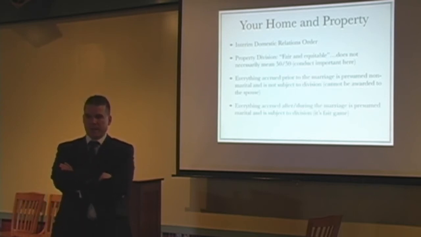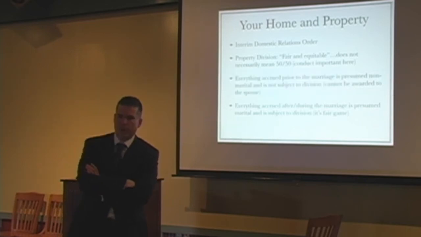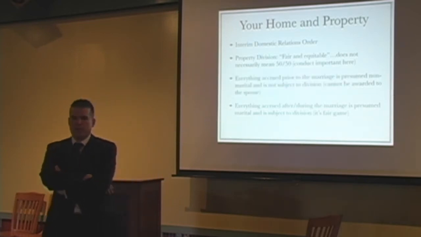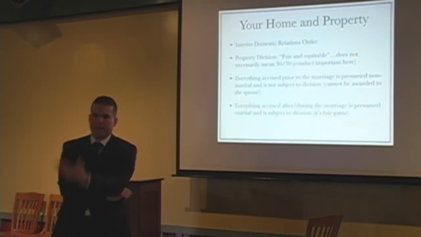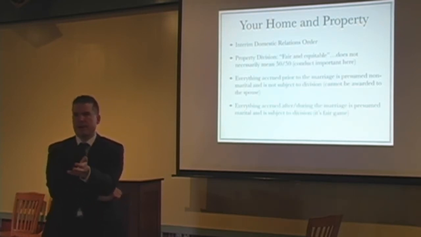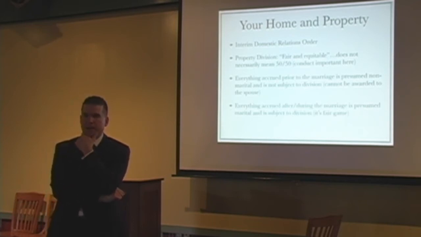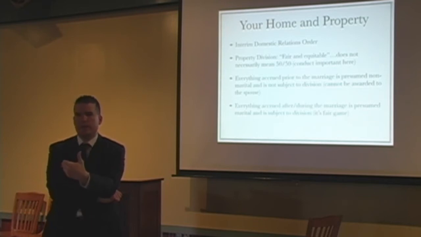That order goes into effect immediately, and there are several bullet points to the order, but the most important are that the custody and visitation situation remains in effect the way it is when the parties are served. And that if the parties still live together, it is up to the parties to determine who's going to live in the marital home, at least until temporary orders can be issued.